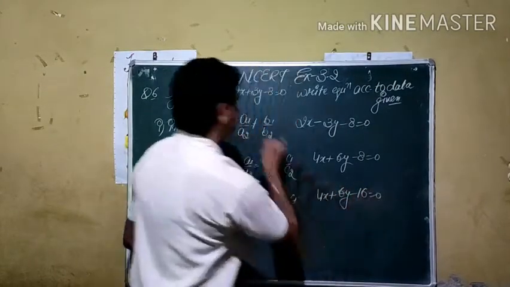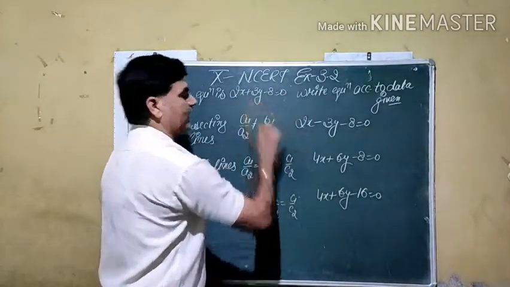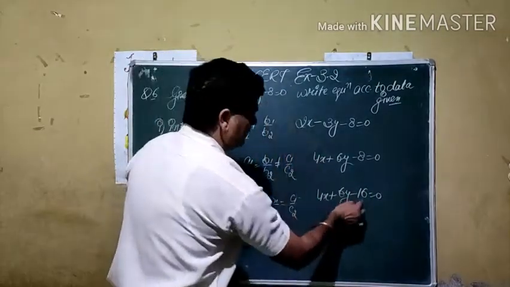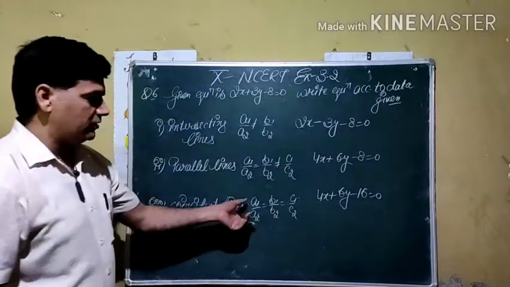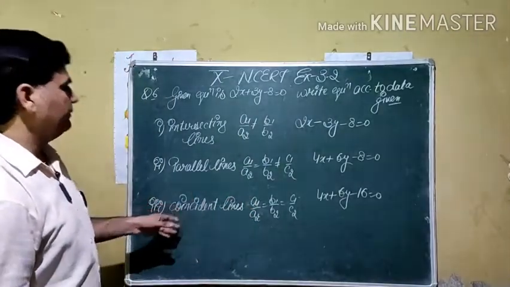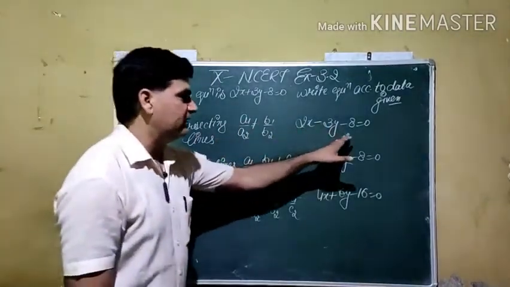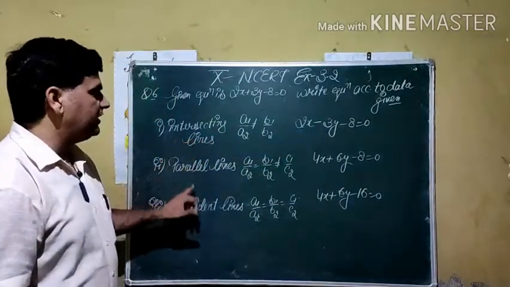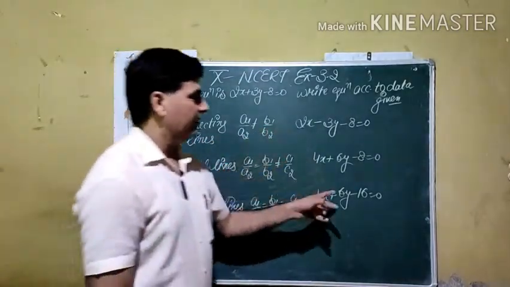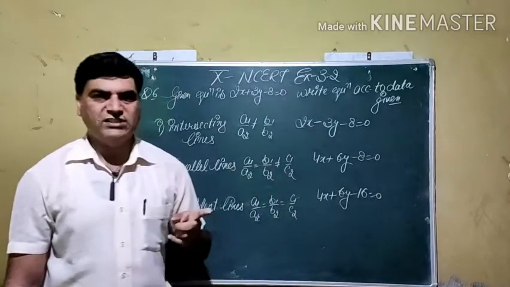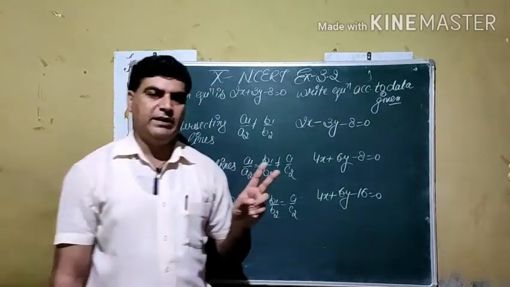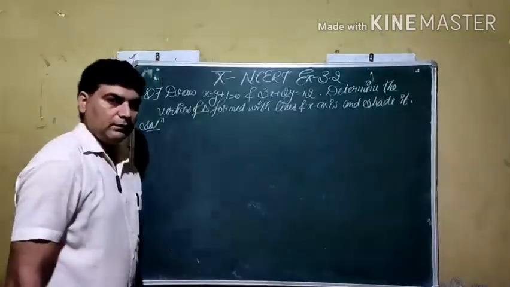If you see here, the x coefficient is double, the y coefficient is double, the constant term is also double. It means all the ratios come out the same. Like this, we can write another equation of lines using the given conditions in different ways. There are two methods: one by changing the symbol, other by using multiplication in different ways.